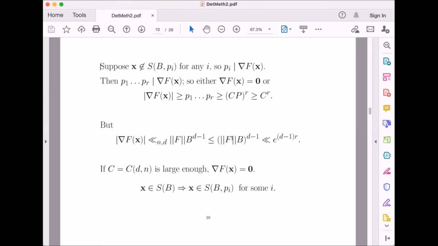We estimate that crudely. r here was the logarithm of fb, so this is at most e to the d minus 1 times r. We compare this bound, c to the r, with the upper bound, and we decide that if c is chosen large enough, this is enough to show that grad f is 0. So this lemma shows that if x is non-singular, it's non-singular mod one of these p's.